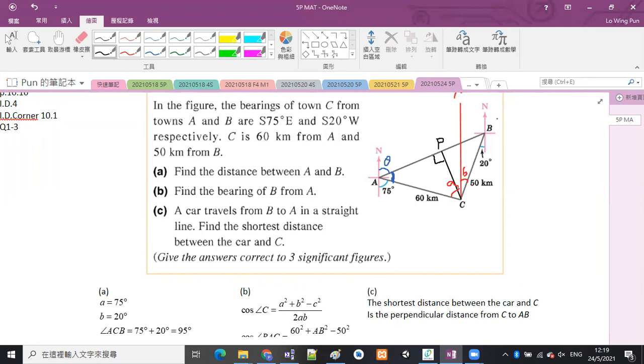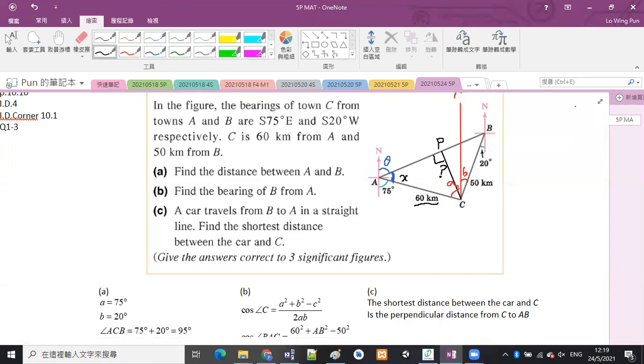And this is a right angle triangle, and we do not need to use sine formula or cosine formula. So I just use sine theta, cosine theta, or tangent theta. Which one? Let me see. I want to find CP. This is the question mark. And this is the angle I have.